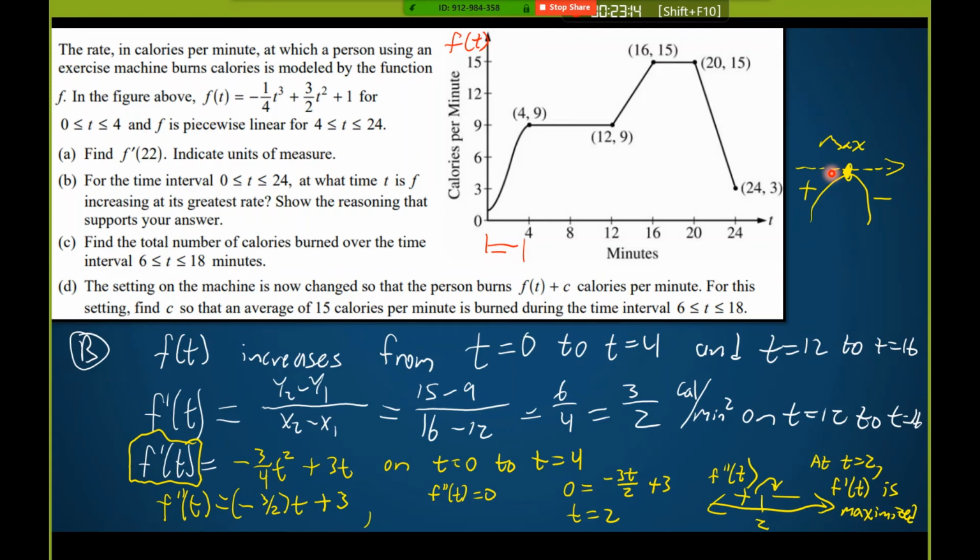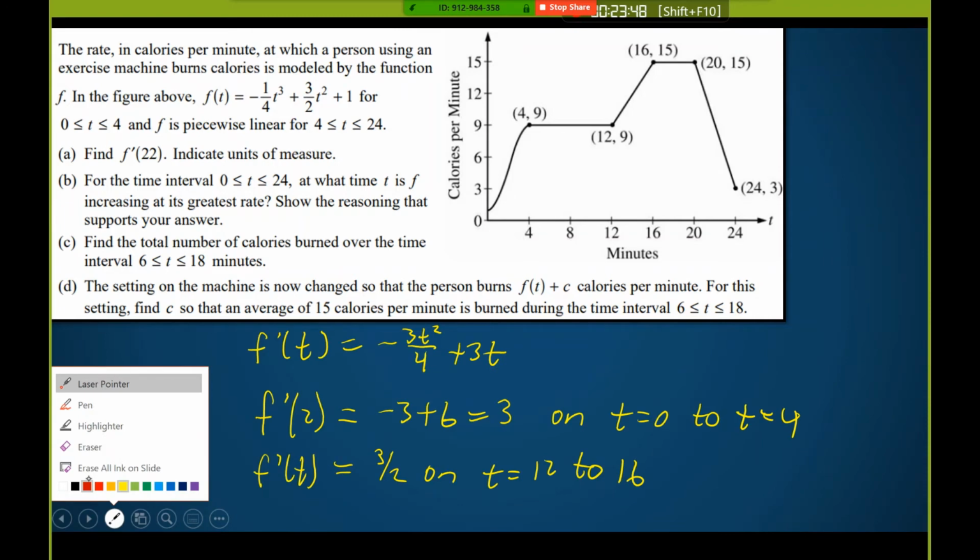Okay, so we could say f prime of t is maximized at t equals 2. So f is increasing at the greatest rate at t equals 2.